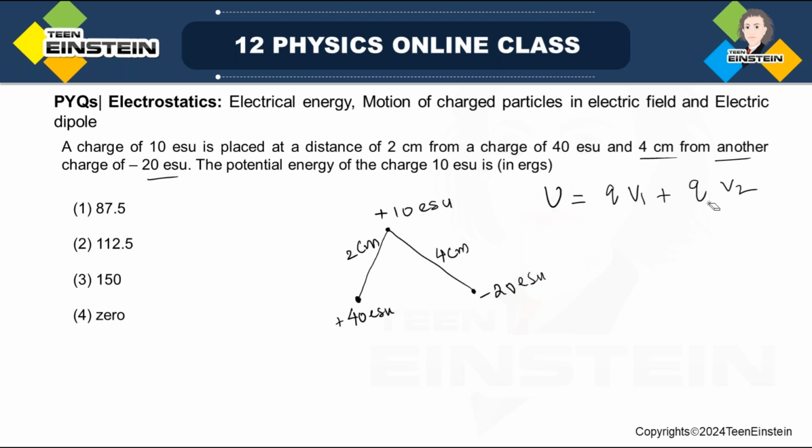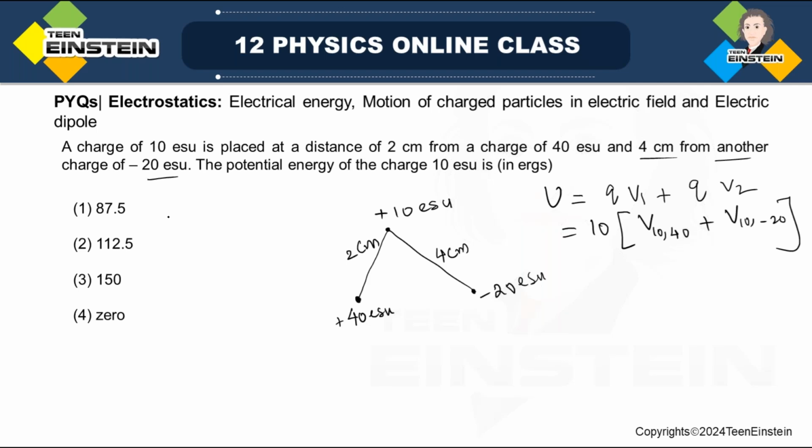Let us write this Q, the charge 10 ESU, times the potential created by 40 ESU at this particular position, plus the potential at the place of 10 created by minus 20 ESU. So this is how I can write.